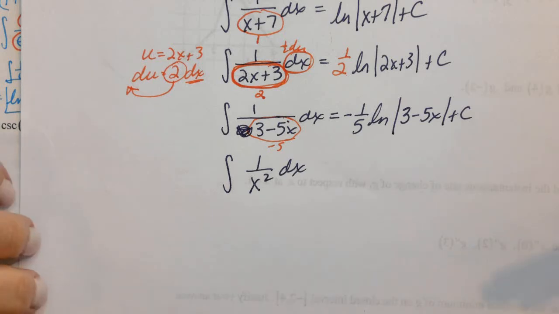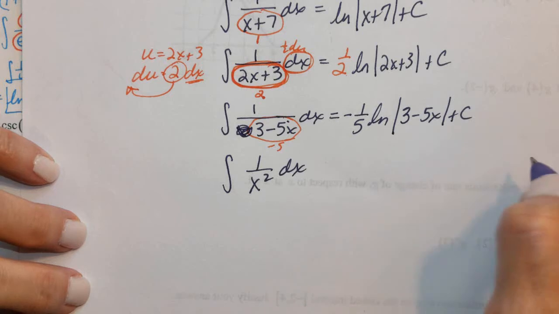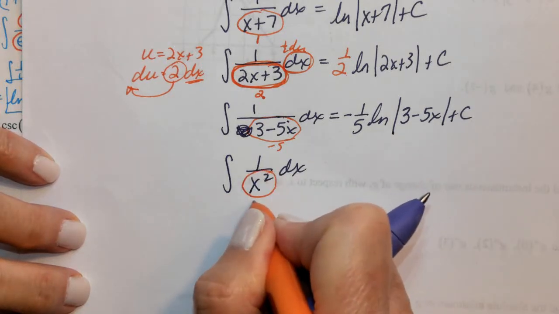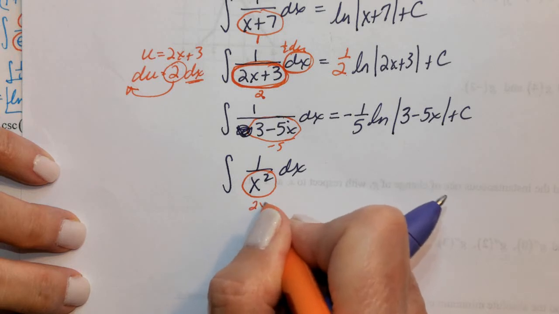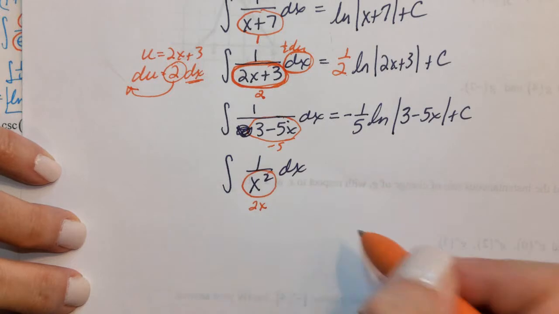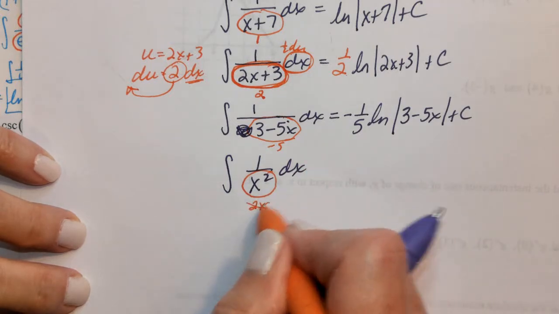Okay, is this a natural log? Is this going to be natural log of x squared? No, it's not. If you let u be that, the derivative would be 2x. There's an x with it, so we would have to have an x upstairs if we were going to do that. This is not a natural log.